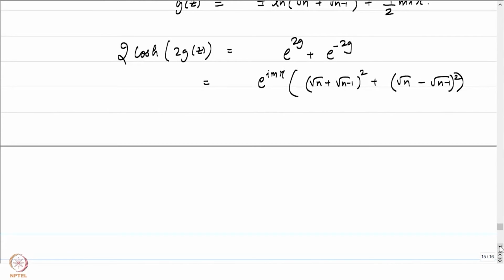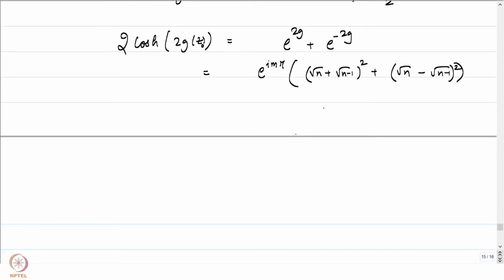This is precisely what we will be getting, which is equal to e to the power i m pi, which is just minus 1 to the power m, and this is just n plus n minus 1 plus 2 times something. So n plus n minus 1 is just 2 times n minus 1, and there will be a 2 times this, and the 2 times square root of n into n minus 1 will cancel off. So this is precisely what we end up with.